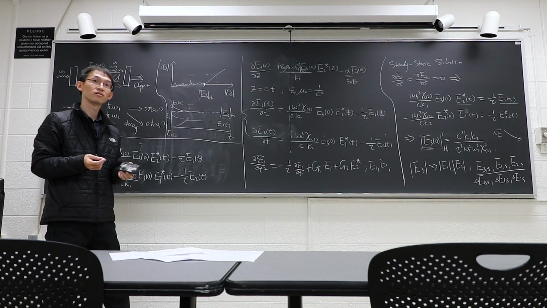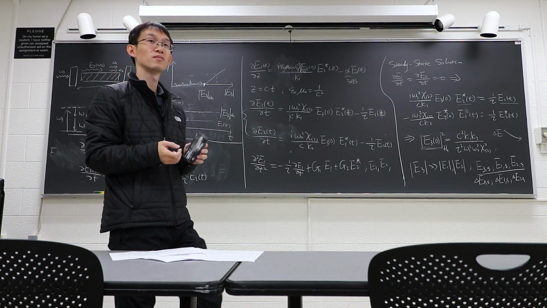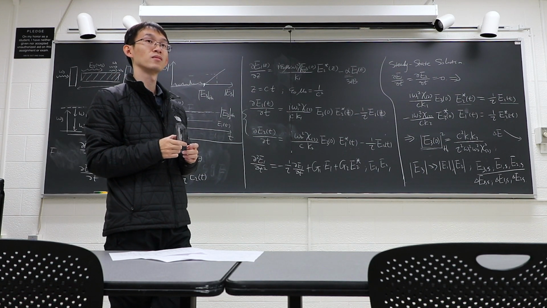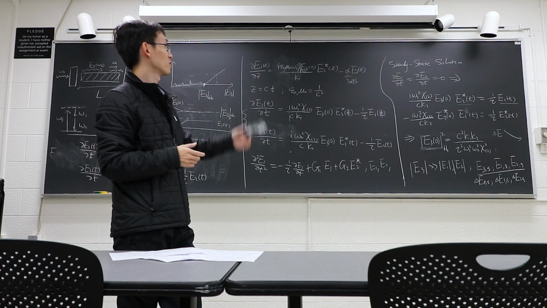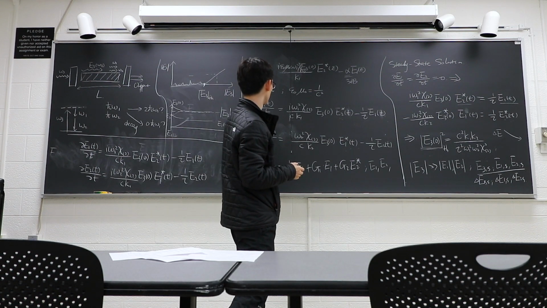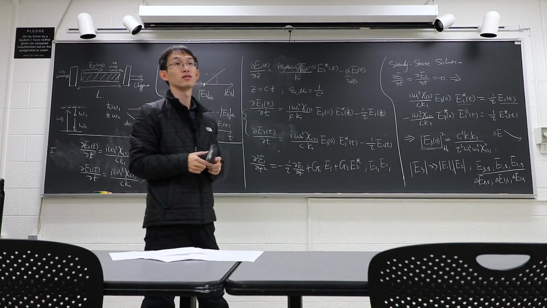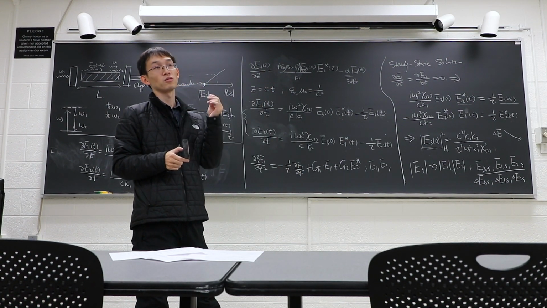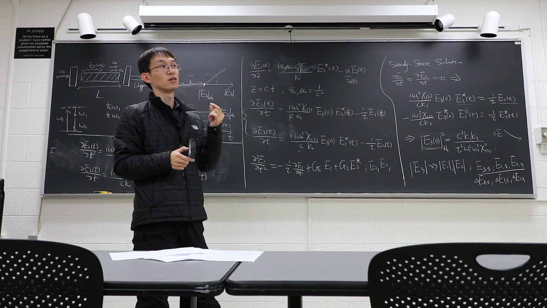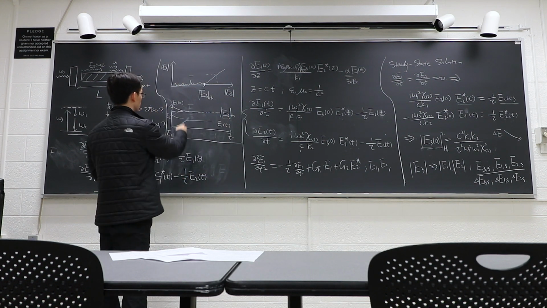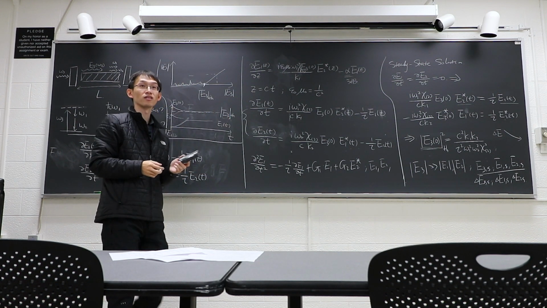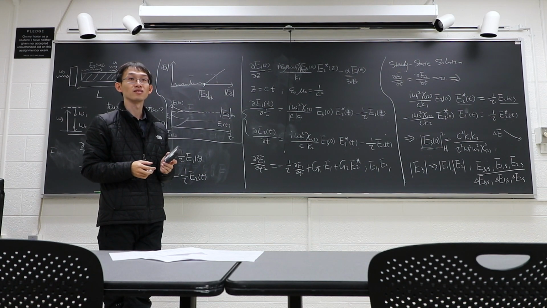You have a question? How would you explain the undepleted pump, like if your E3 field is going down? Oh yeah, because it's just the third equation we didn't include here. When you calculate threshold, at the threshold point, there's actually very few photons there. Does that make sense?